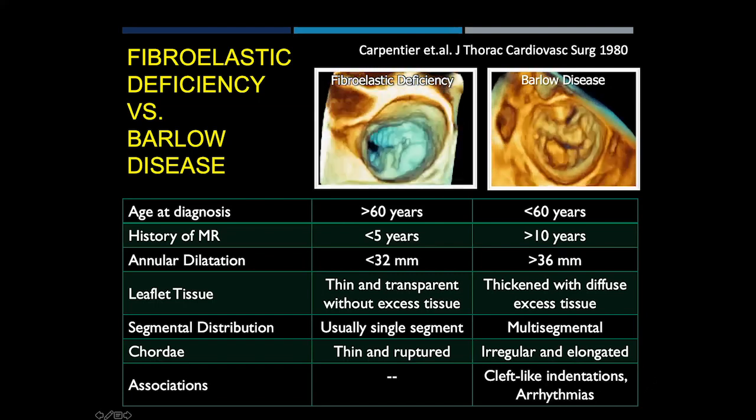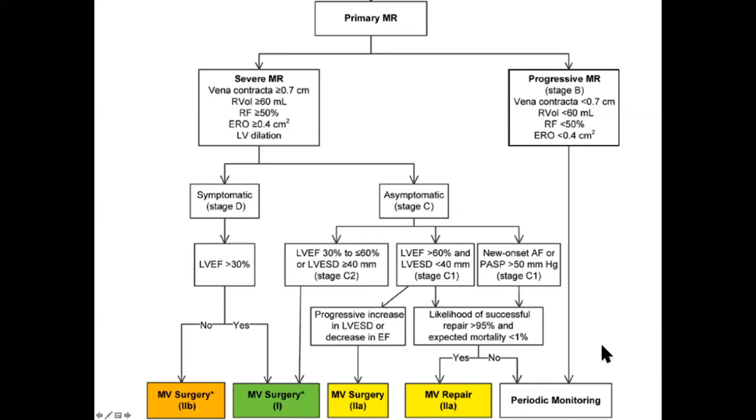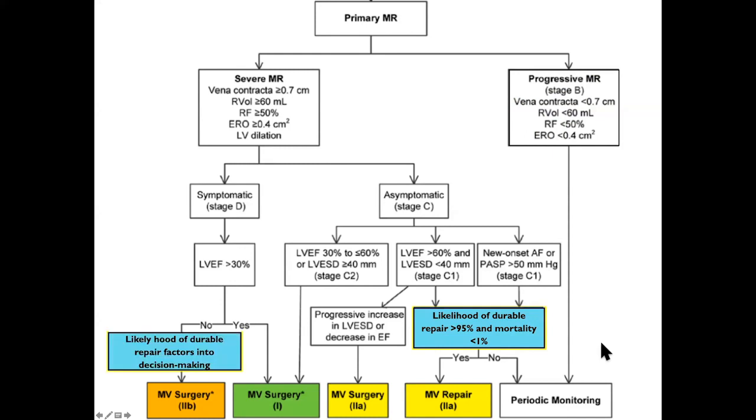And we'll talk a little bit more about the arrhythmias. It's important to note here that in the guidelines for primary mitral regurgitation, in two spots it is mentioned that the likelihood of a durable repair influences what you end up doing with the patient.